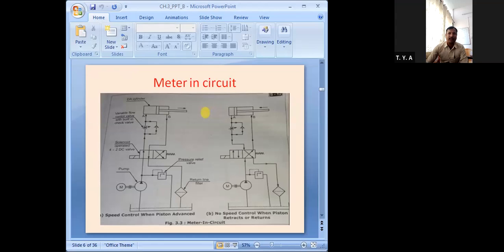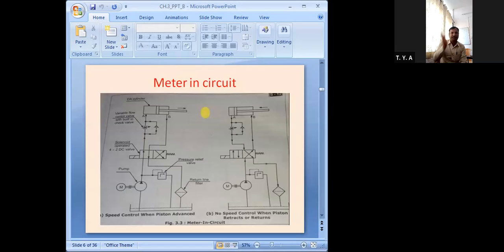In the second, fluid will go from the pump to this B port and retraction will happen, and from the A port fluid will come through this check valve, then A to T, that means the tank, and come to the reservoir.